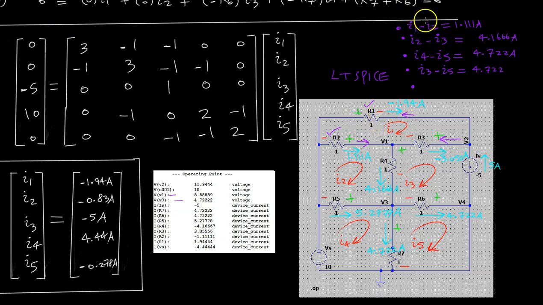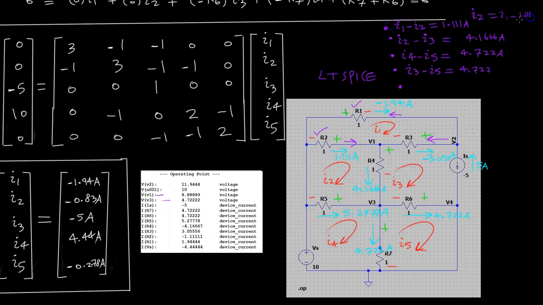And so that first relation up here, which is that I1 minus I2 through R2 is equal to 1.111, and so using that relation we have to solve for I2, and I2 then is going to be our actual mesh current. If I take it to the other side, I have I1 minus 1.111, and I1 was about 1.944, so 1.944 minus 1.111. Let's see here, I have a negative sign.